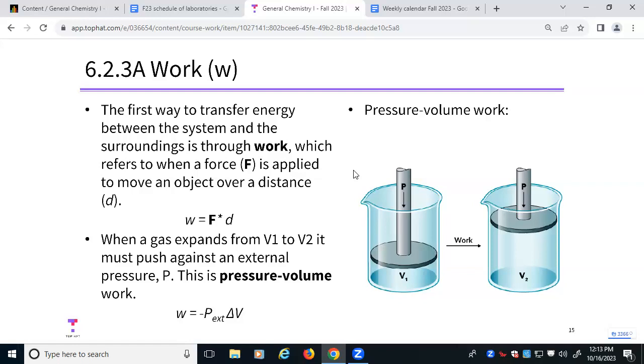And so the work that we are primarily concerned with from a chemical standpoint is something called PV work, pressure-volume work, where we look at whether our system expands or contracts as a result of this process.